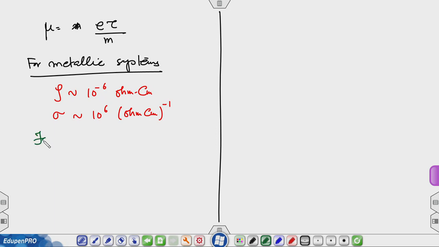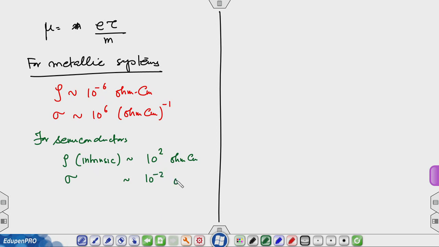Now, for semiconductors, resistivity for intrinsic semiconductors is of the order of 10 raised to 2 ohm centimeter, and conductivity is of the order of therefore 10 raised to minus 2 ohm centimeter inverse.